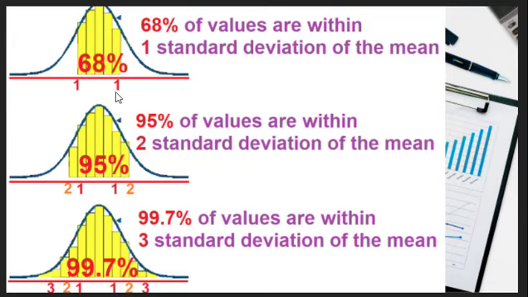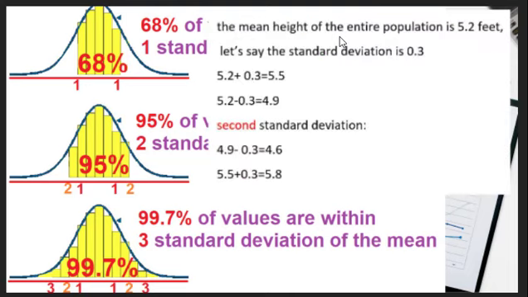What this means is, as an example, if the mean height of the entire population is 5.2 feet, and let's say the standard deviation is 0.3, then 5.2 plus 0.3 is 5.5, and 5.2 minus 0.3 is 4.9.